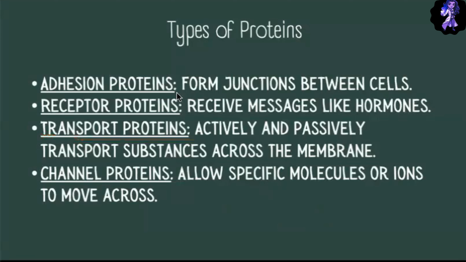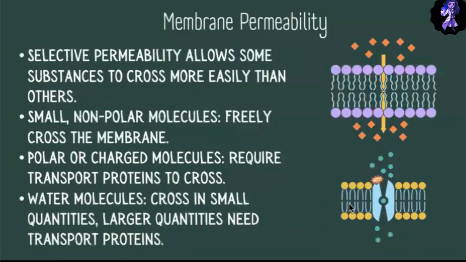So now we talked about adhesion proteins, receptor proteins, transport proteins, and channel proteins. Now we're going to talk more about membrane permeability, specifically with channel proteins, which is the picture that you see here. And what it's trying to tell us is that channel proteins are unique because they allow certain ions or certain items to go across the membrane. They're oftentimes small because that allows them to easily go across the membrane.